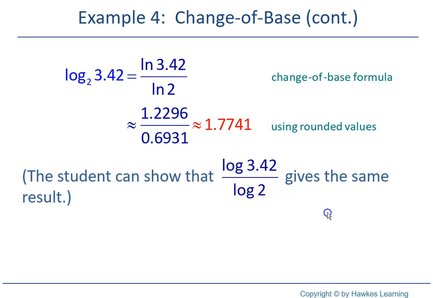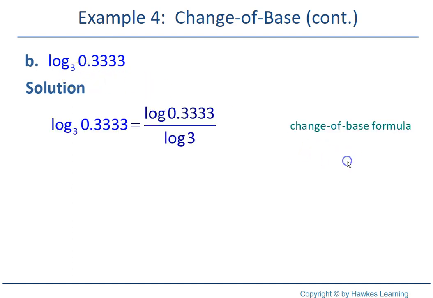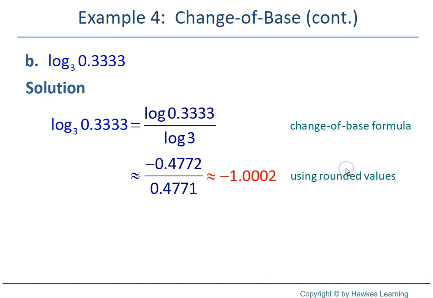You can use either one, and they give you the same results. So as not to make this too long, we'll stick with the book's version here. It'll be log of this divided by log of 3. So log of this divided by log of 3. And it gives you this answer, rounded.